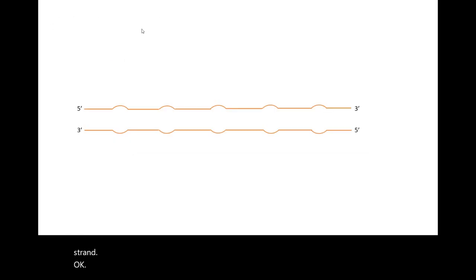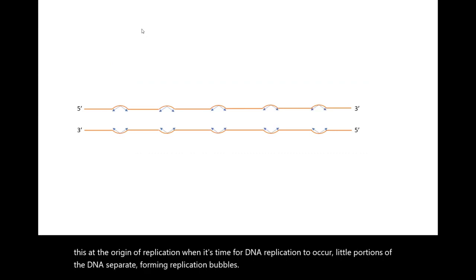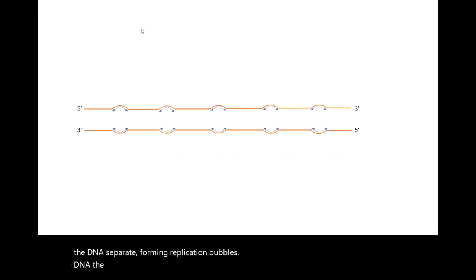All right. So just one more time to give you a chance to try to wrap your head around this. At the origin of replication, when it's time for DNA replication to occur, little portions of the DNA separate, forming replication bubbles. The new DNA strand is going to be made bidirectionally within that bubble.